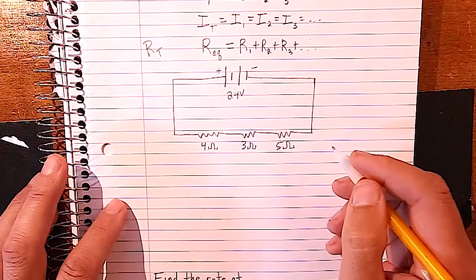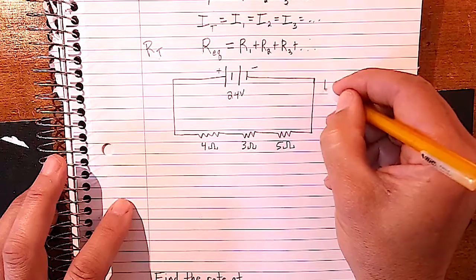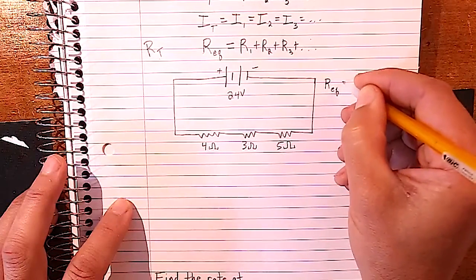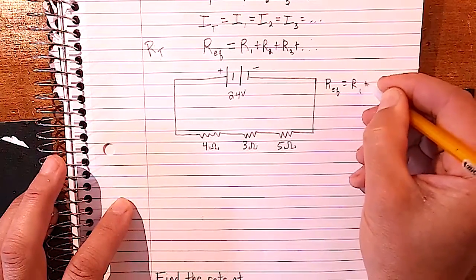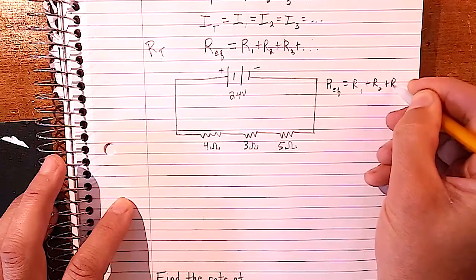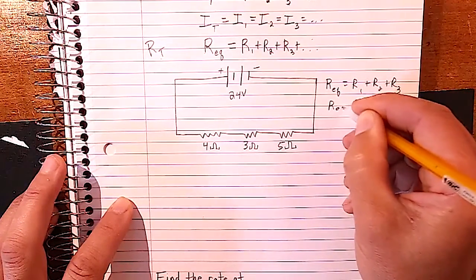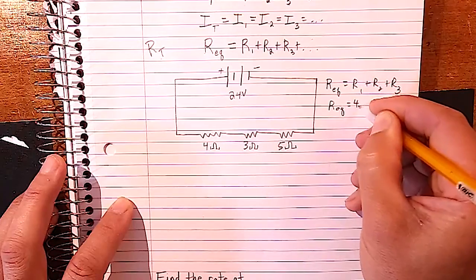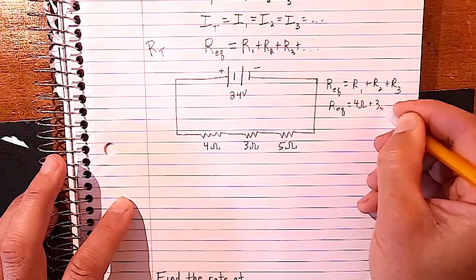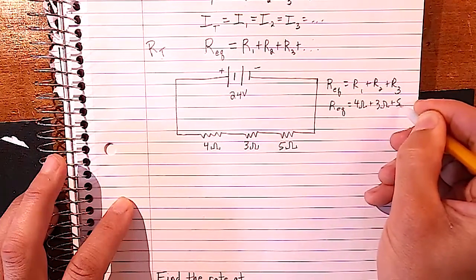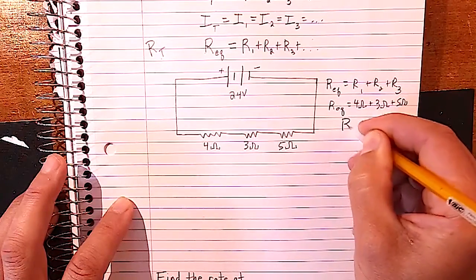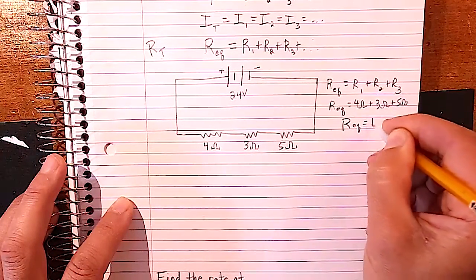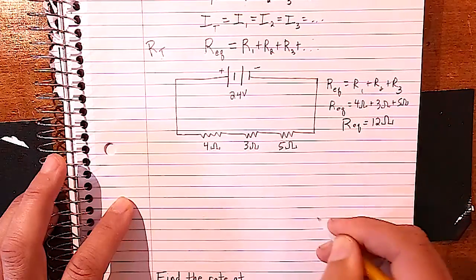The first thing that we can do is find the equivalent resistance. So we say Req is equal to R1 plus R2 plus R3. This is pretty simple. We just sum them up, 4 ohms plus 3 ohms plus 5 ohms, and that gives us an equivalent resistance of 12 ohms. What does that mean?